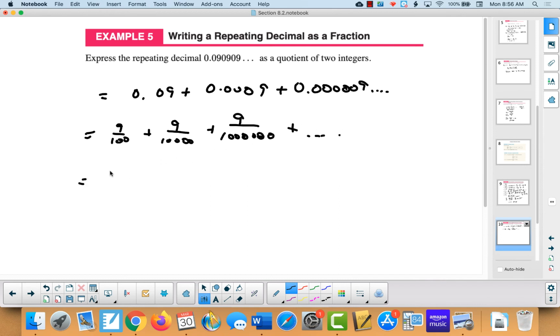Pull out the 9 over 100, and we get 1 plus 1 over 100 plus 1 over 10,000, and so on.